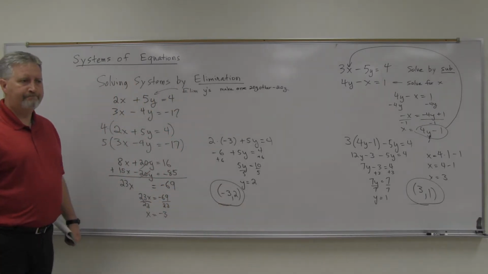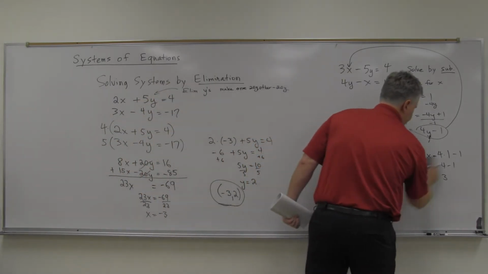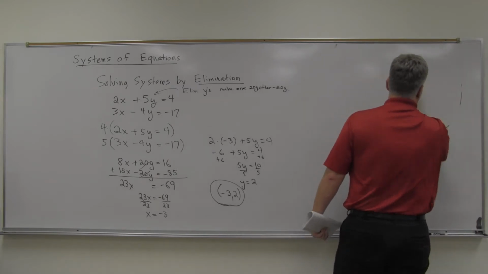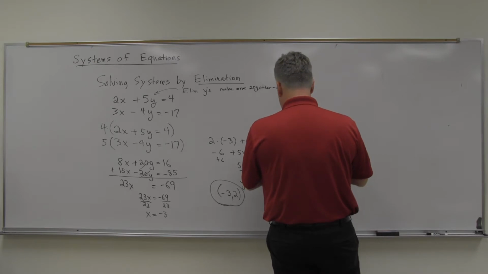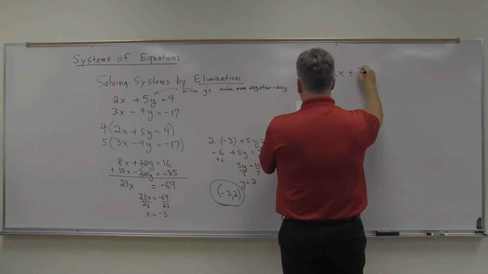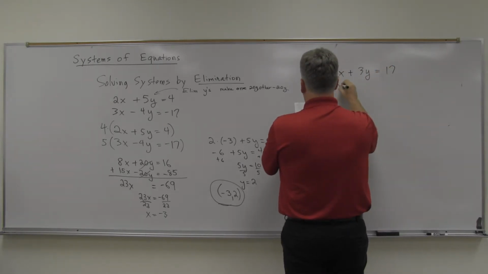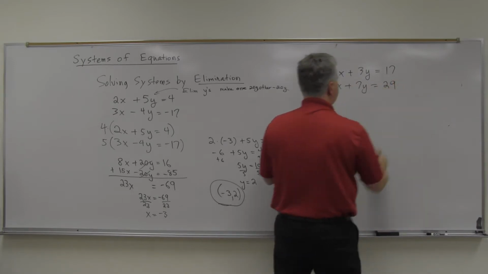All right. Now we do one more of those. Another one is elimination here, and then we'll talk about a couple other things. All right, so 2x plus 3y equals 17, and then 5x plus 7y equals 29.